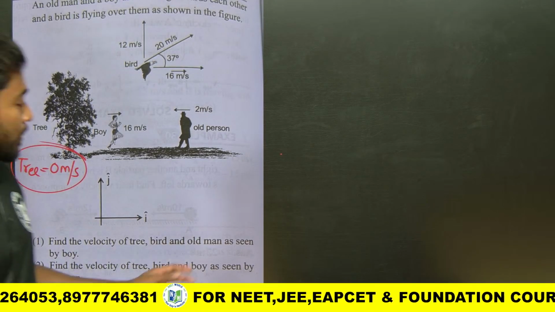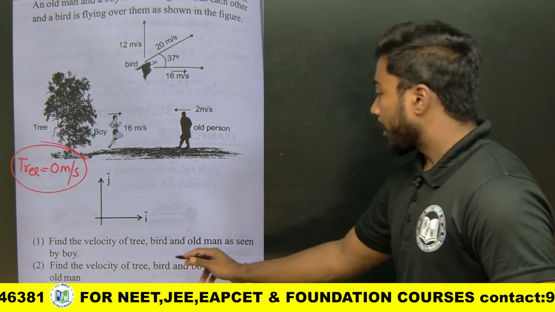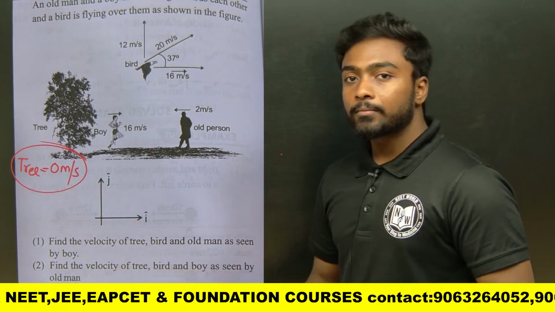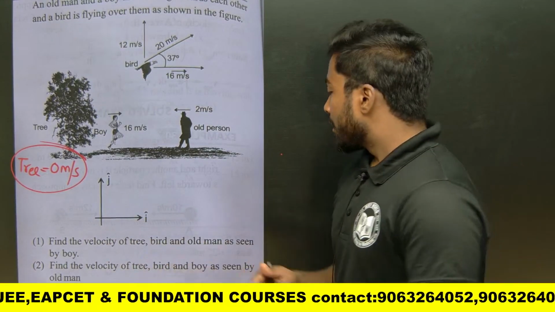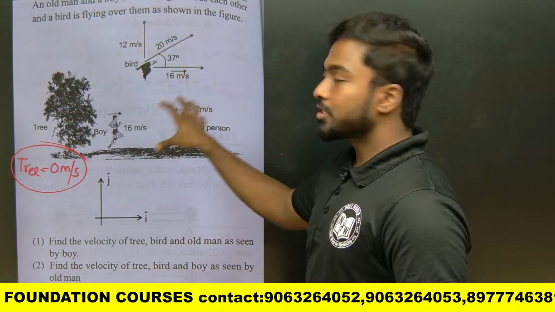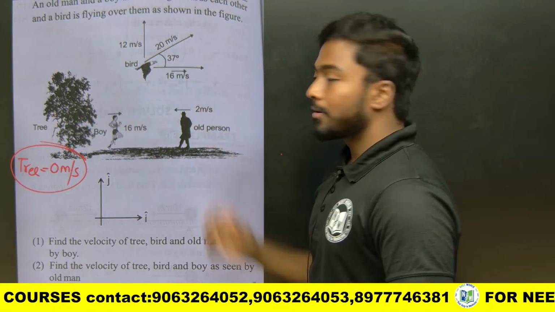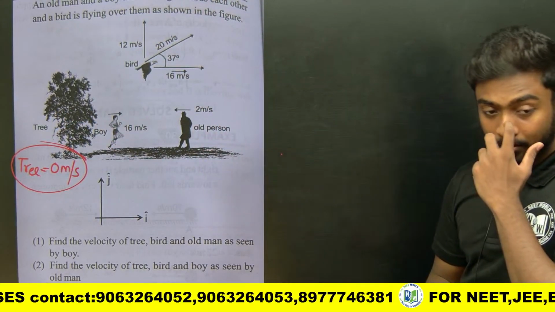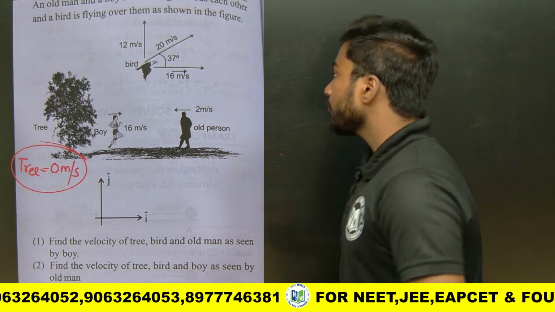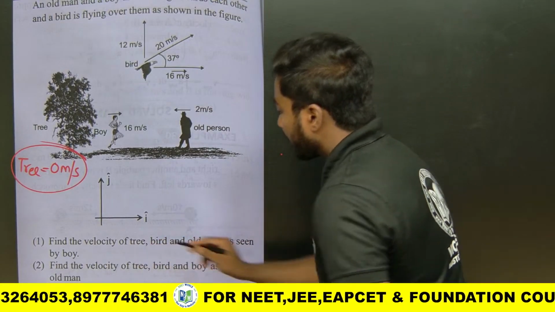Now the question asks: find the velocity of the tree, bird and old man as seen by the boy. This boy is observing the nature: the bird is flying, the tree is there and the old person is coming. I need to find the velocities. First, the tree.